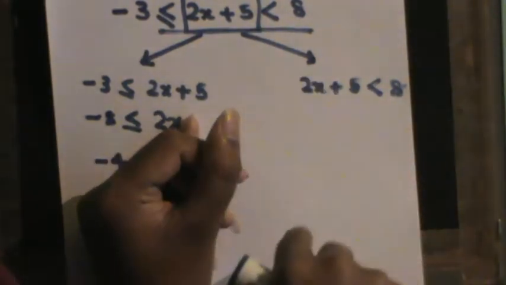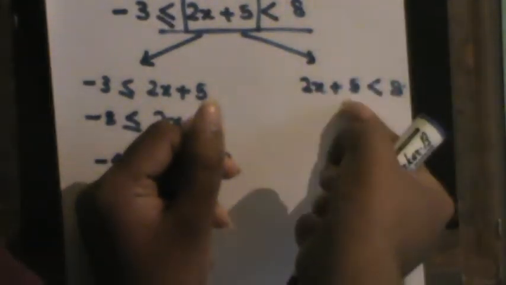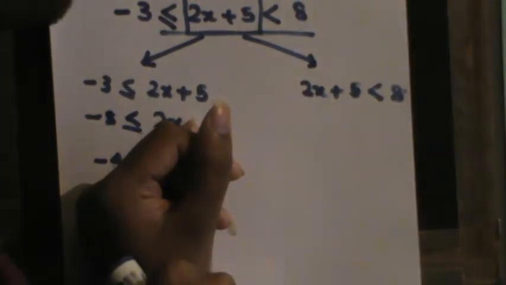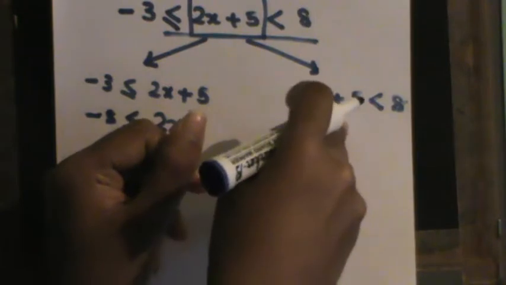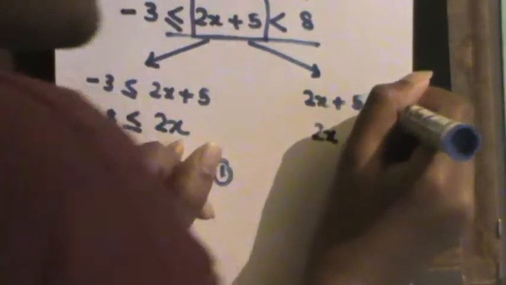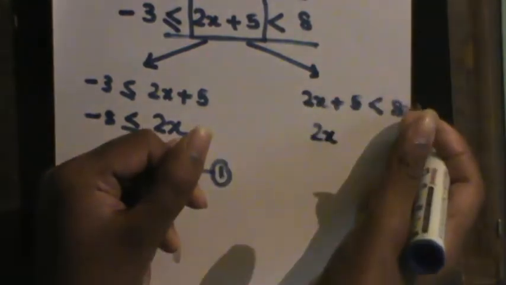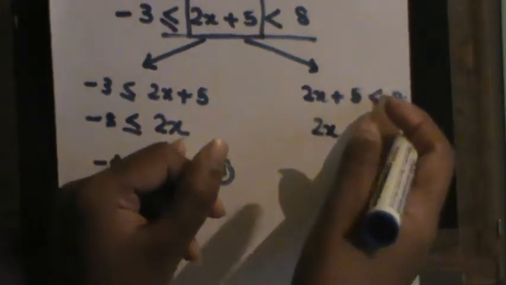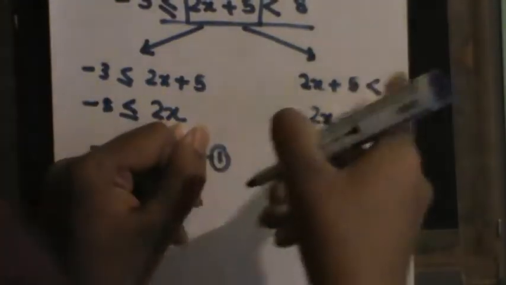Since this is positive 5, I will subtract 5 from both sides. On the left side I get 2x plus 5 minus 5, which is 2x. When I subtract 5, I will not change the sign of the inequality, so it stays less than 8 minus 5, which is 3.